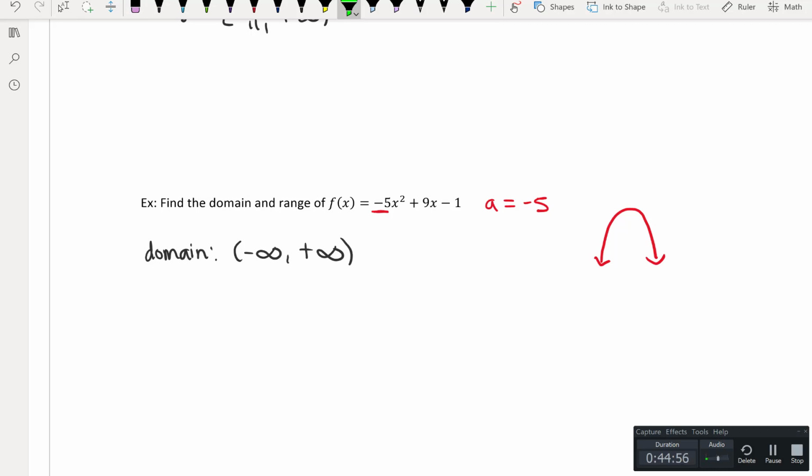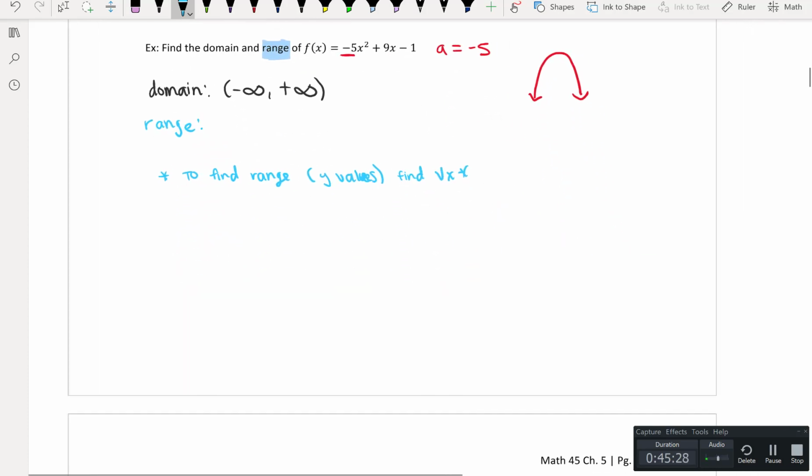Now the range is the one that you really want to be careful of. The range is always going to depend on what your actual vertex is. So maybe I'll put that over here. To find range, which are your y values, find vertex. I need to find my vertex before I can think about my range.